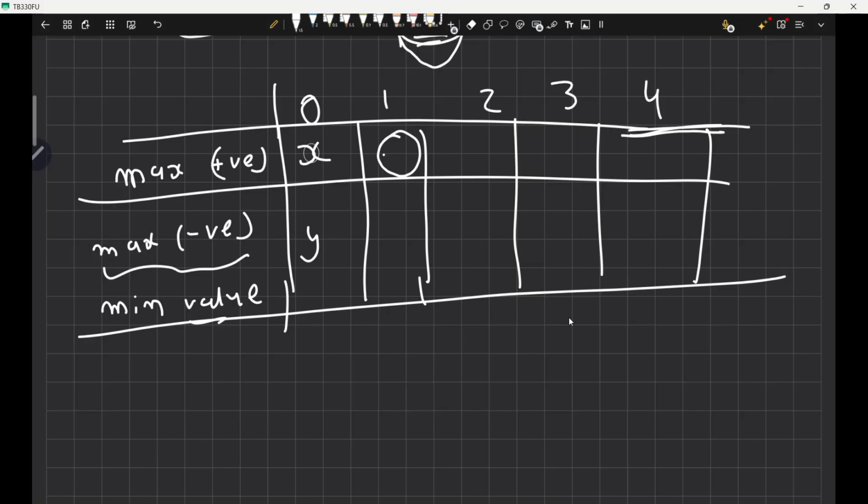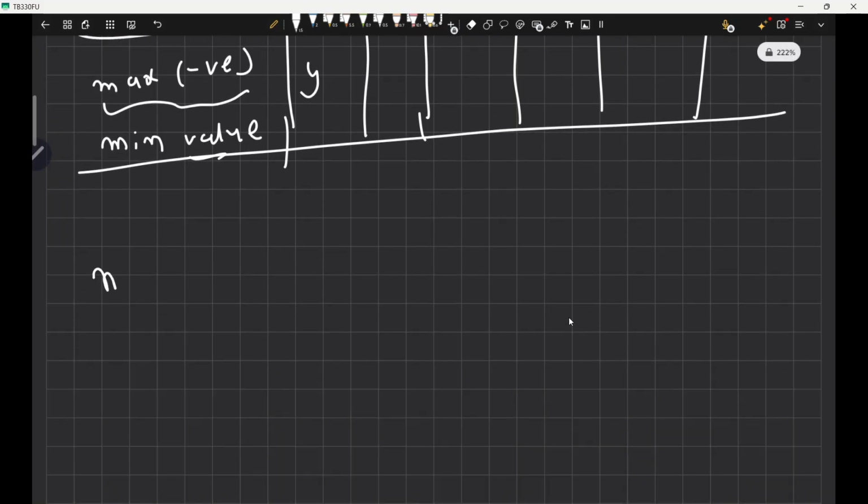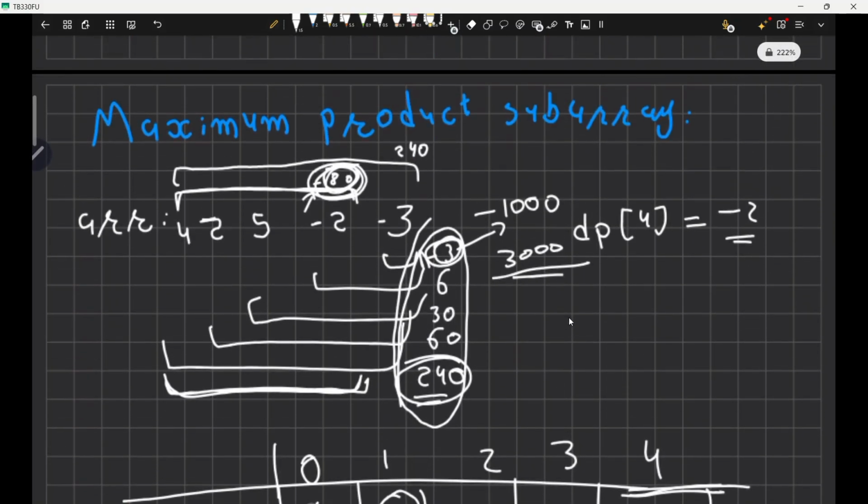This is an easy one. It is just the maximum of, let's say, you don't take any previous subarray and you just take this value only, which is arr of i, because this value alone is also a subarray, right?